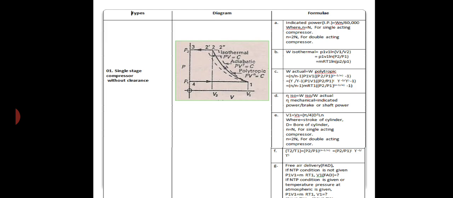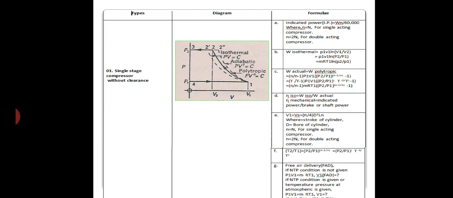We have shown isothermal efficiency, where we can calculate P1 V1 ln(V1/V2) and P1 V1 ln(P2/P1), also in terms of pressure ratio, and also m R T1 ln(P2/P1) because PV is equal to mRT.